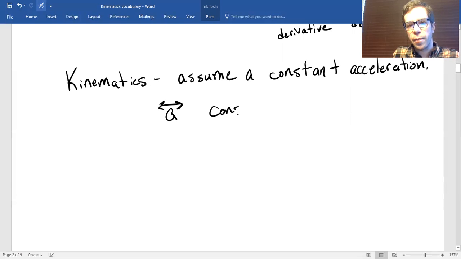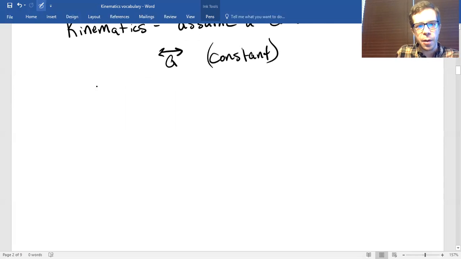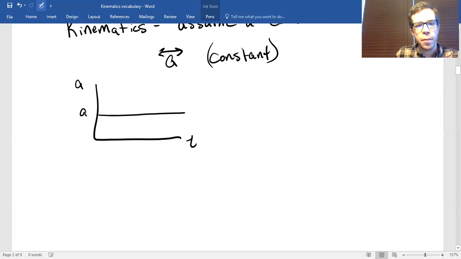So constant A. So what if we talk about graphs? I don't see how we can avoid talking about graphs at this point. So I have some constant value A and its acceleration versus time. What if I take the integral of that? What do I get? I get the area under this curve.